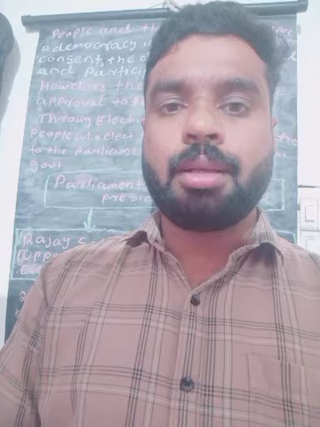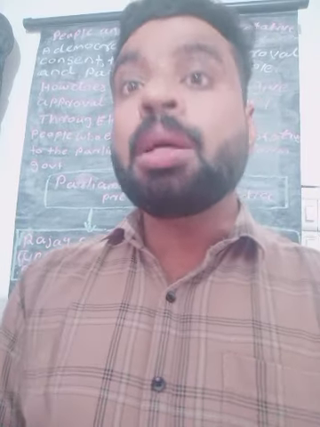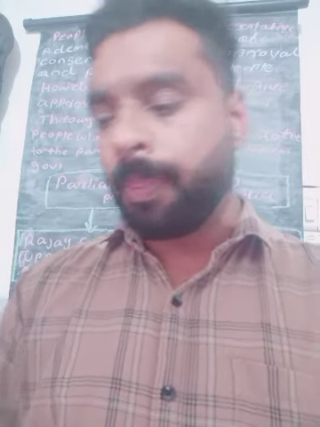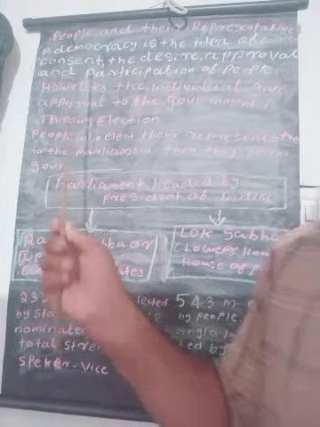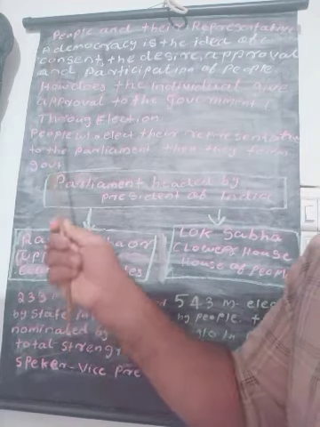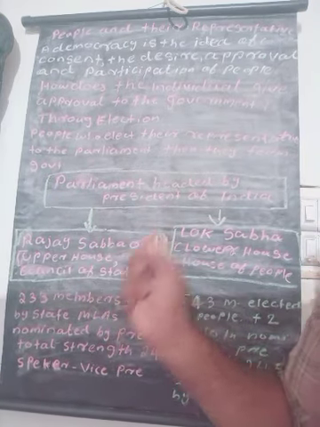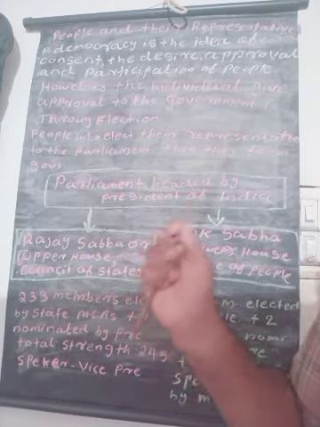Okay, children, I think it is clear. Now we can go to the structure of the parliament. Here, about the people and their representatives: democracy is the idea of consent, the desire, approval and participation of people.